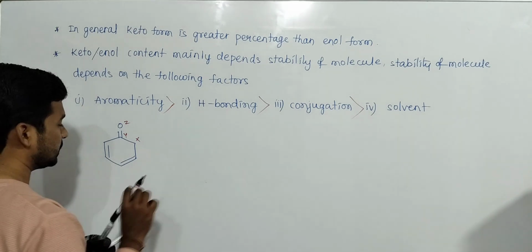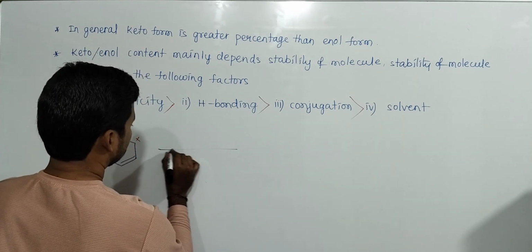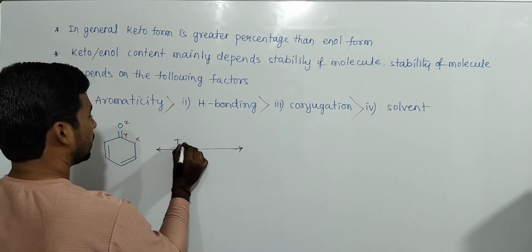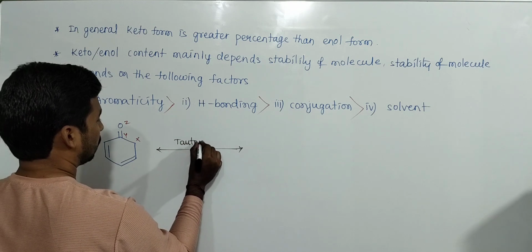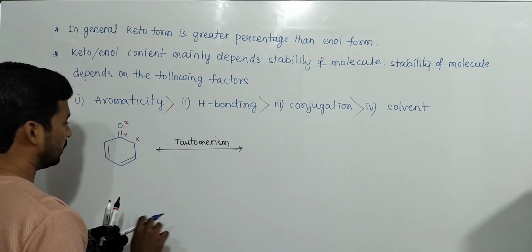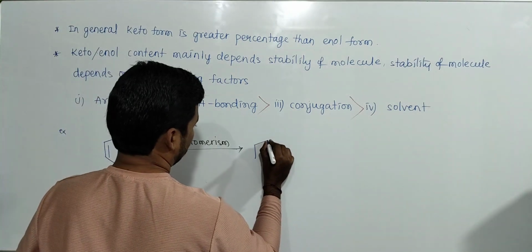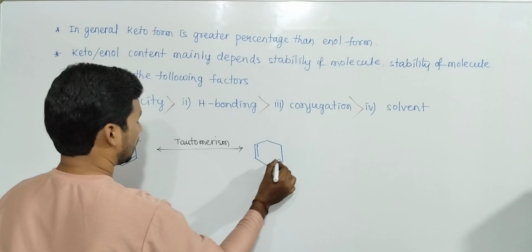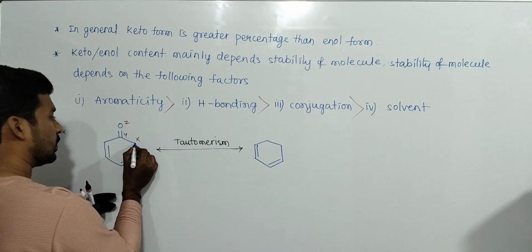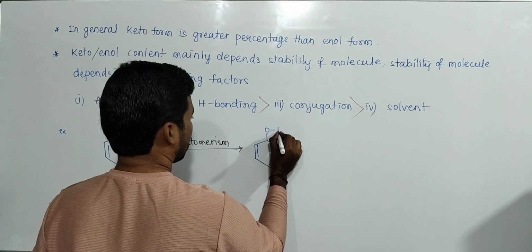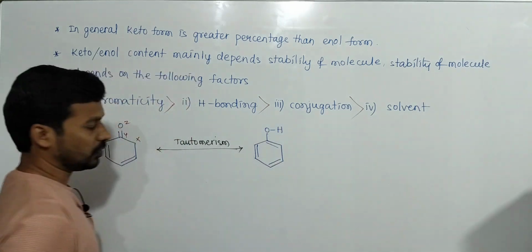Possible or not? Yes, possible. Here transfer of proton from 1 to 3rd position, tautomerism, is definitely possible. Then that form is converted to a double bond: proton transfers from X to Z, then Z gets hydrogen and between X and Y there is a double bond.